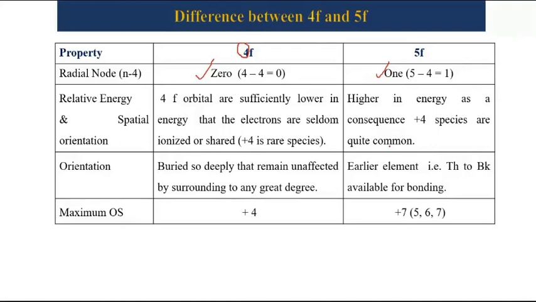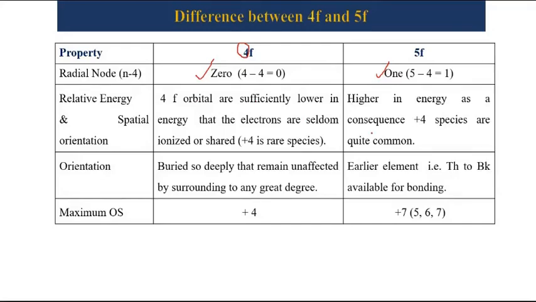And there are elements which show the +2 oxidation state. But in the case of 5f, the number of +4 species is larger, and these are quite common oxidation states. The reason is that the 4f orbitals are lower in energy, whereas the 5f orbitals are higher in energy.